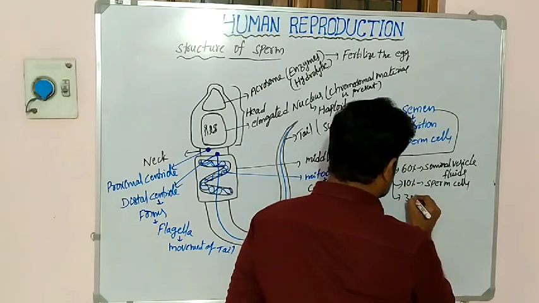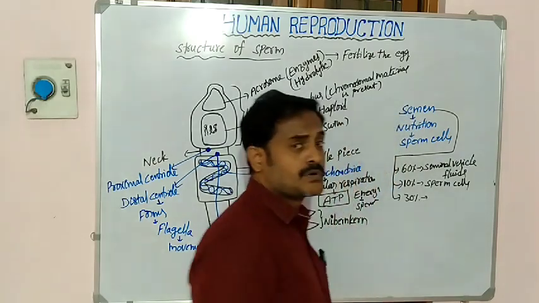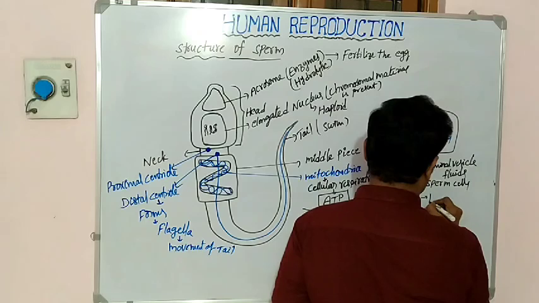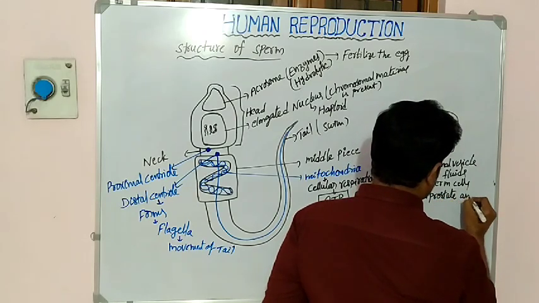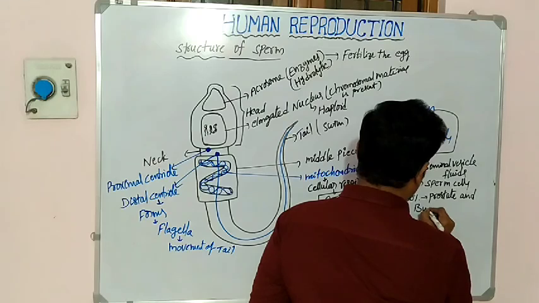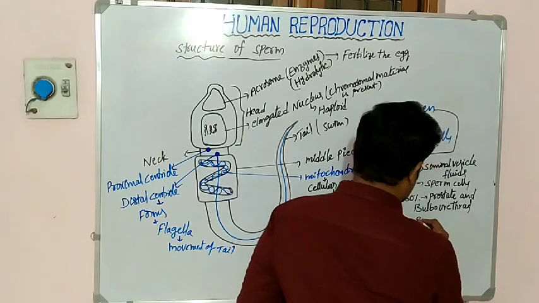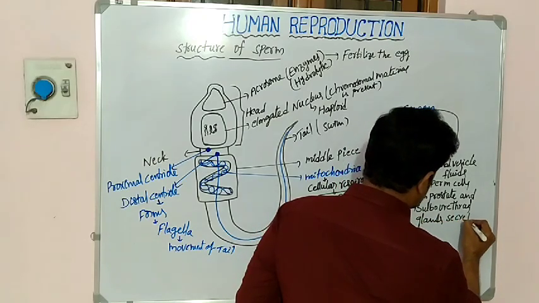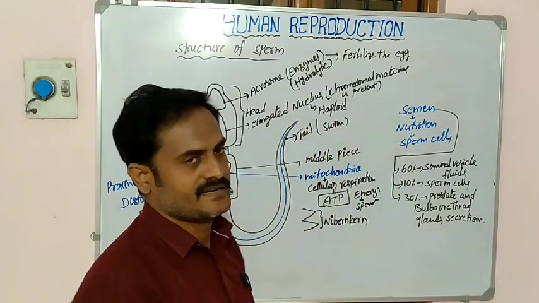The remaining 30% of the semen consists of the prostate and bulbourethral gland secretions. So this is the composition of the semen.